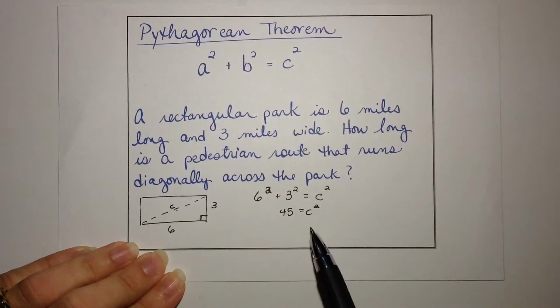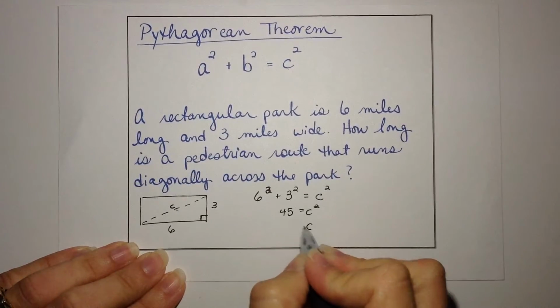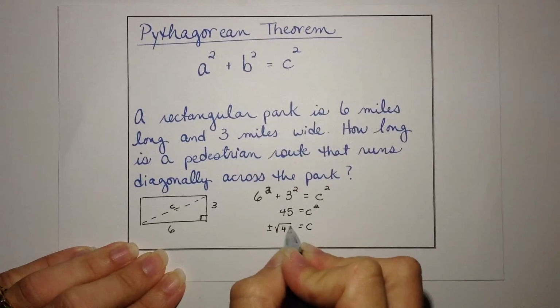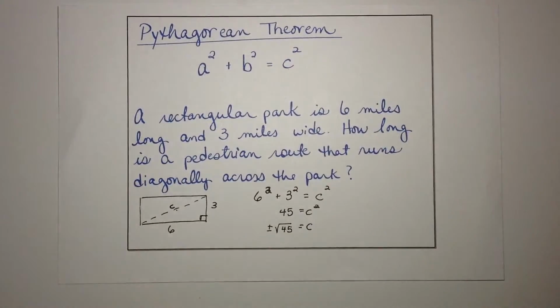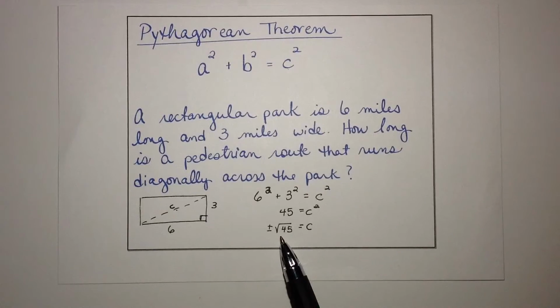Okay, now your next step is going to require that you take square root of both sides. That's why this is in that section, because you're using your square root property. So that's going to give me C is equal to plus or minus square root 45. Now, first of all, you would actually just ignore the negative, because the length across the park is not going to be a negative number. Okay, so if you didn't put the plus minus and just kept it as the positive, that's fine.